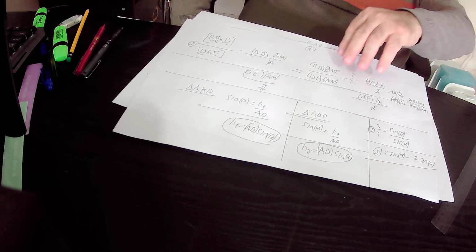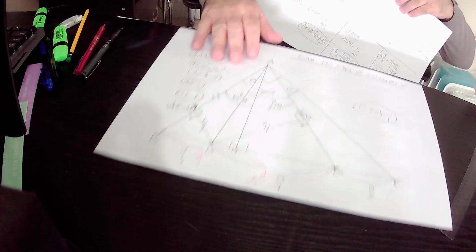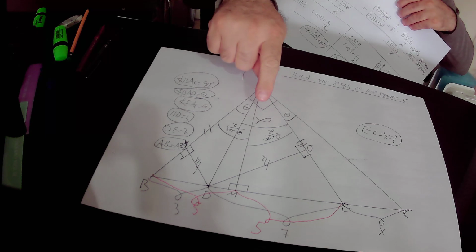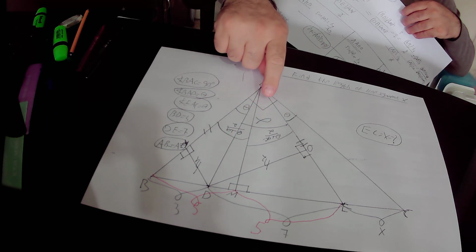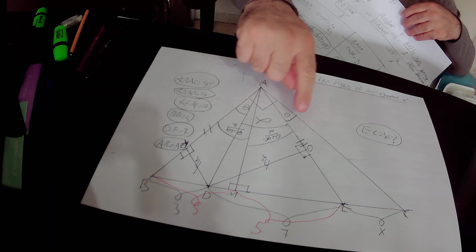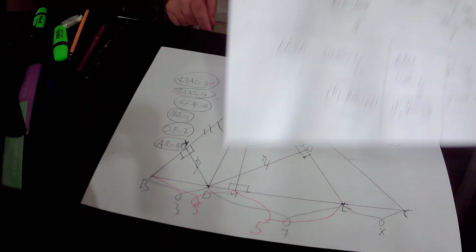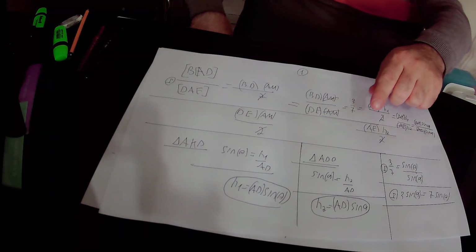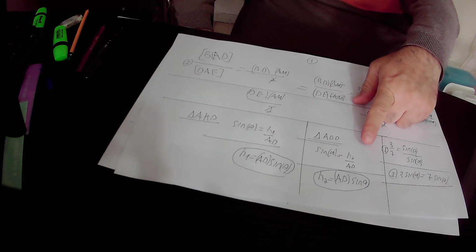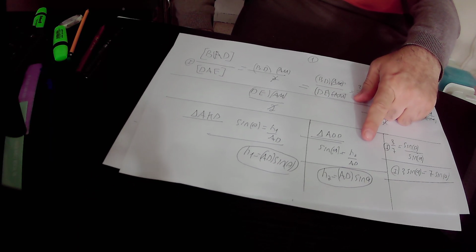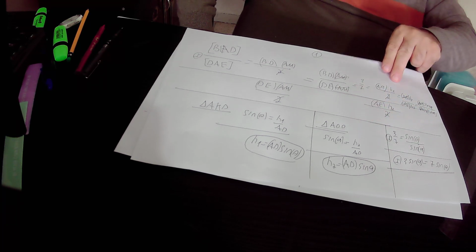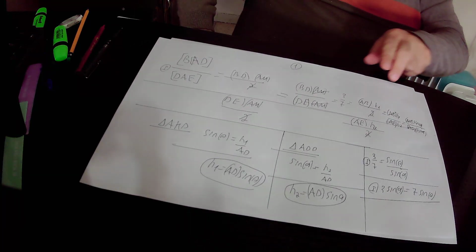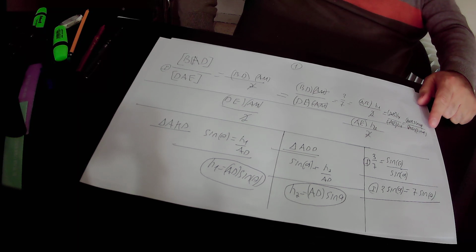Then we found the value of H2 in the right triangle AOD. In this right triangle, sine alpha equals H2 over AD. We multiply this equation by AD, and we found that H2 equals AD times sine alpha. So we can substitute H2 by AD sine alpha.